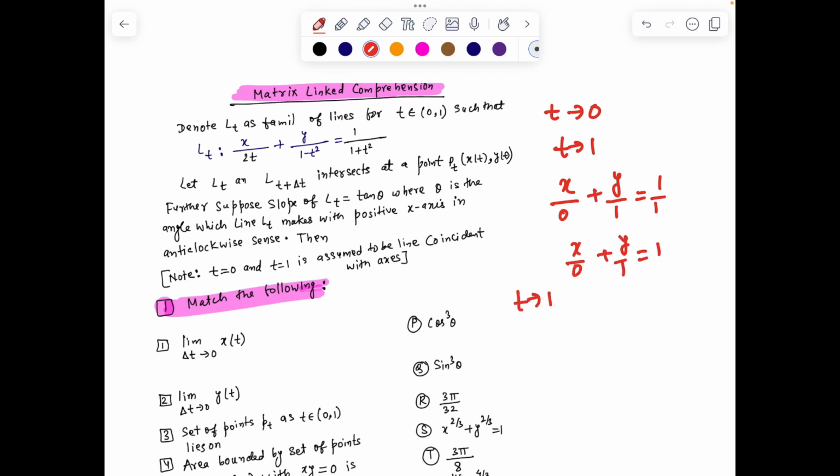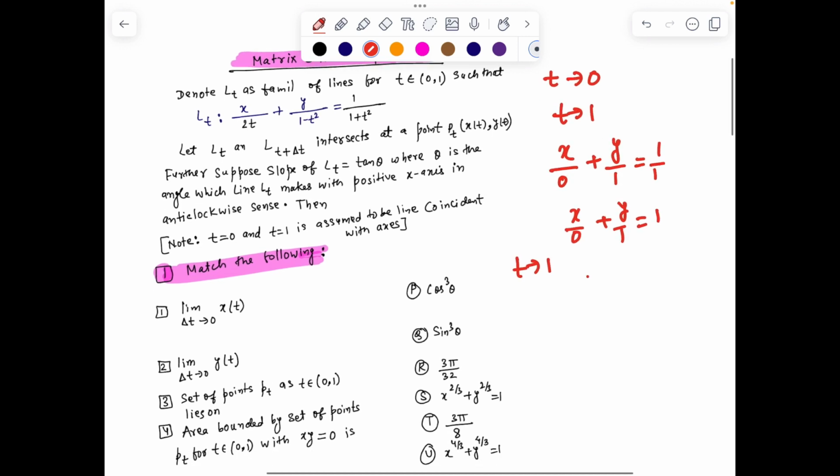Similarly, for t tends to 1, the expression that I'll get is x by 2 over y by 1 is going to be y by 2. Of course, this 2 and 1 is a limiting case, but I'm trying to do it in a special case. Which you can clearly see, for t equals 1, it's y by 0.